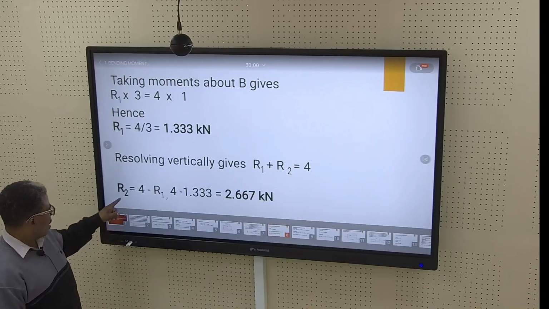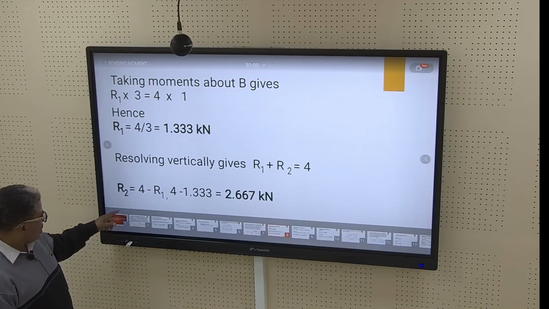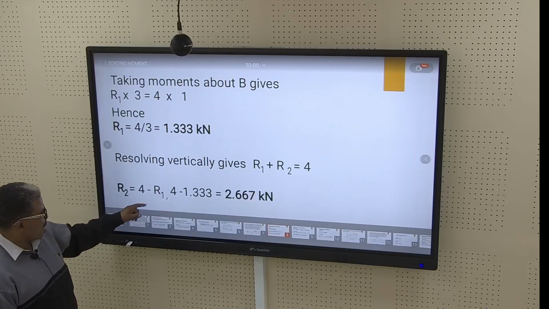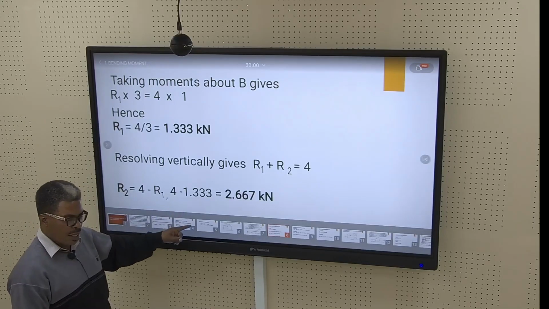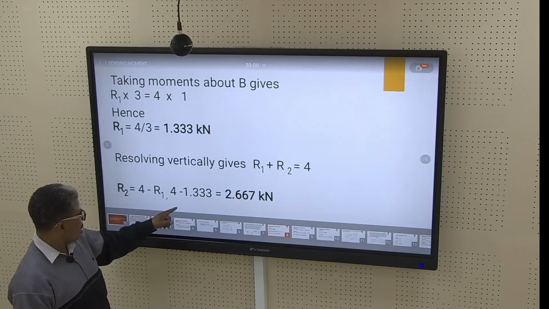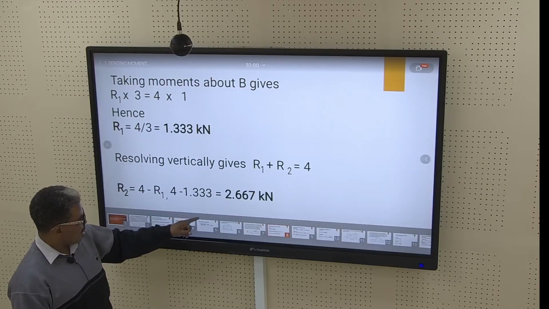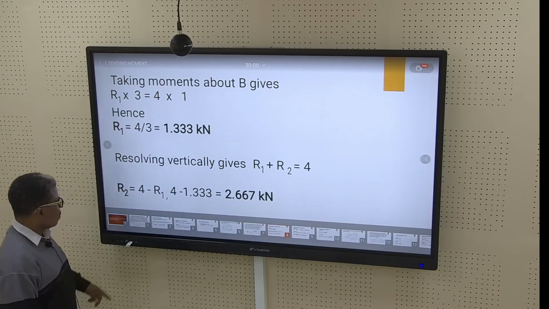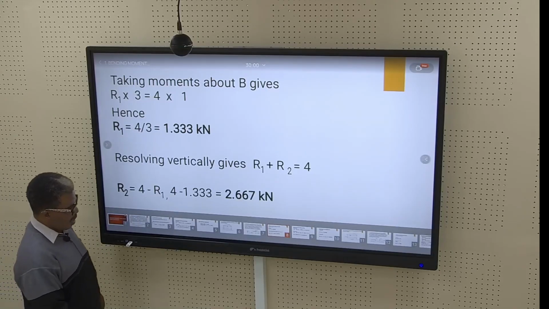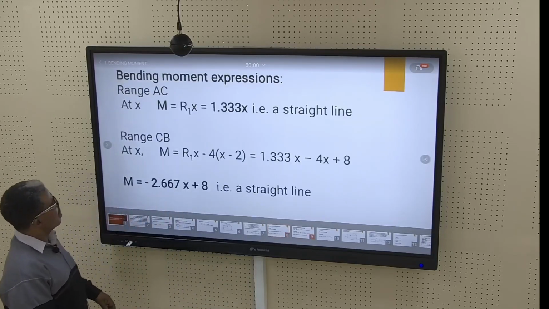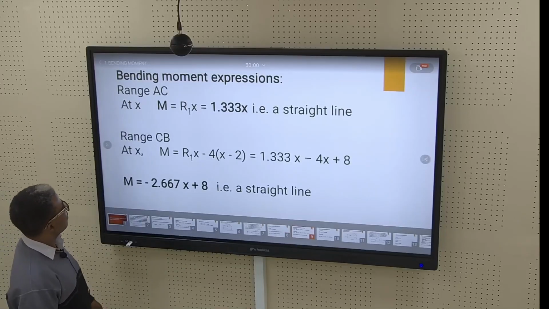So R2 can be determined by 4 minus R1. R1, mind you, is 1.33. So 4 minus 1.33 comes 2.667. So R2 is 2.667, and R1 is 1.33.